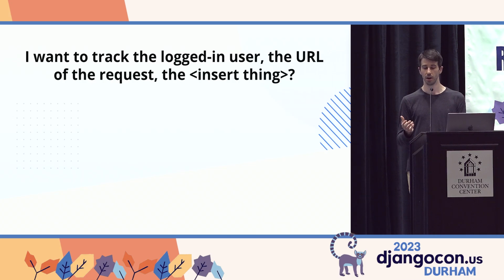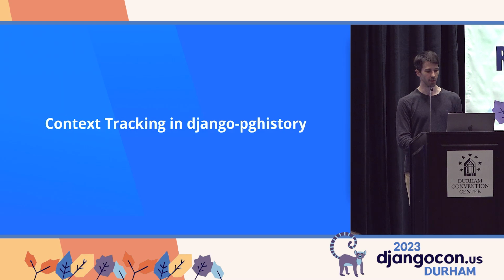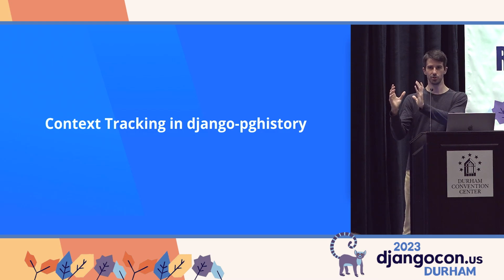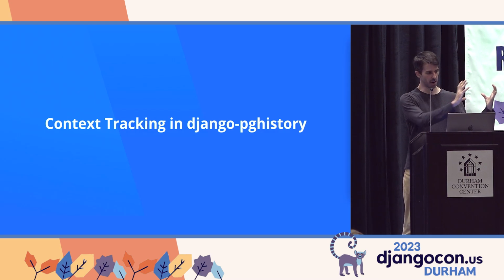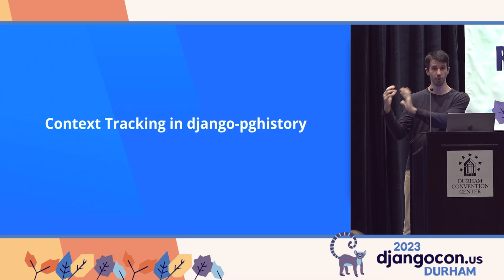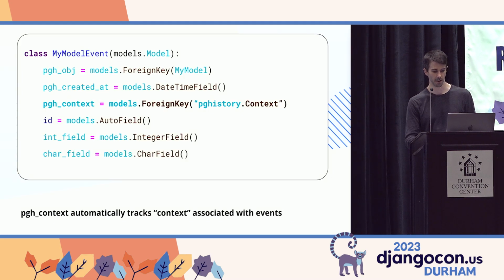You can do all this too with PG History context tracking. So think about it this way again: database triggers are writing all the events. You have your application over here though, with its authenticated users. You might wonder, how on earth do I share data from the application with those triggers so that it can associate those events with metadata? And you can do that.